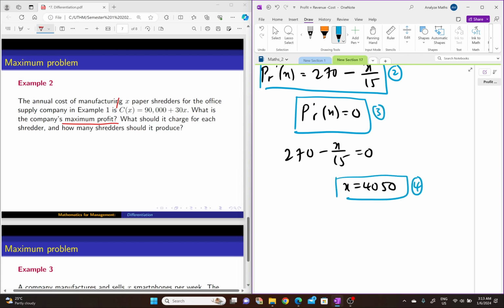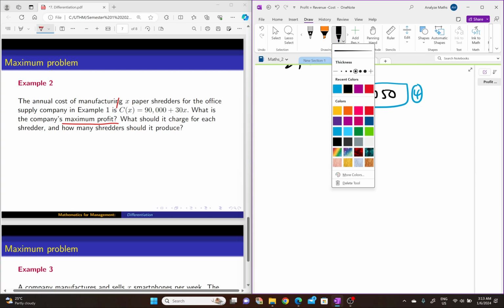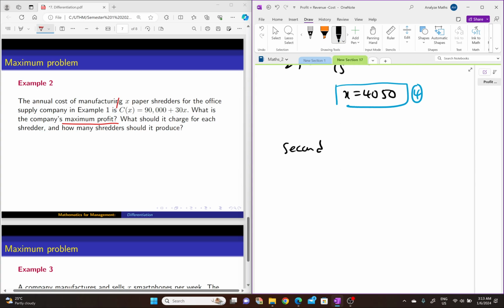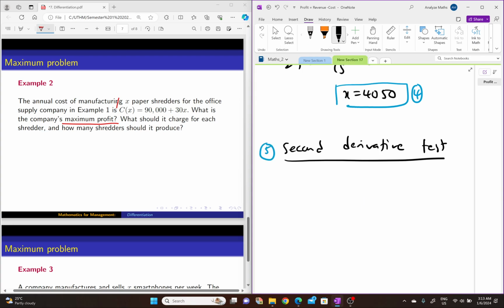Now, does this x really give you maximum profit? What you have to do is the second derivative test. Number 5, take the second derivative.